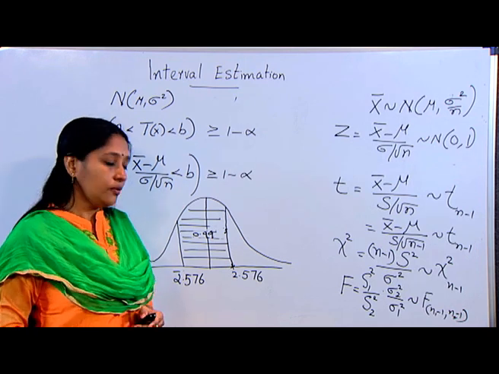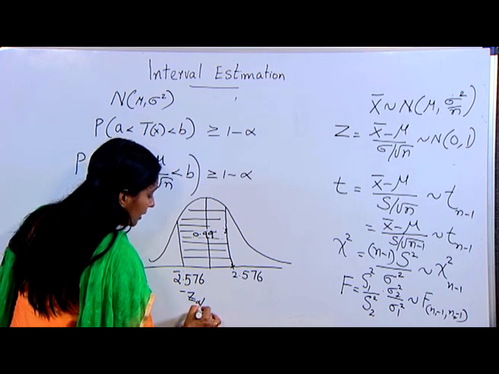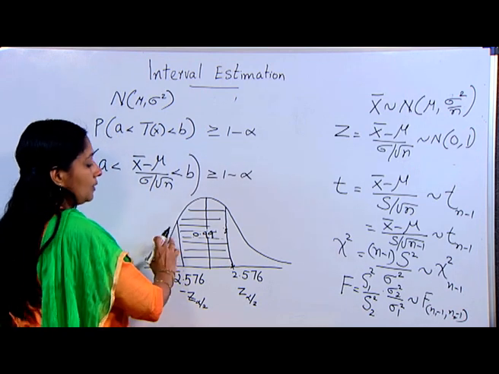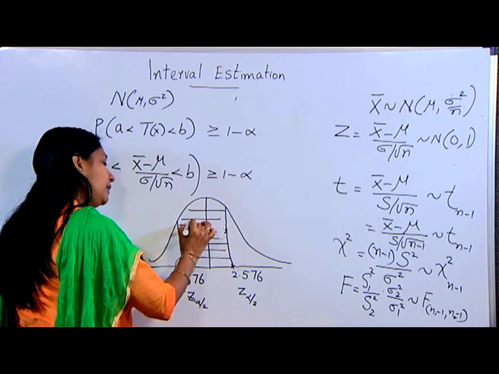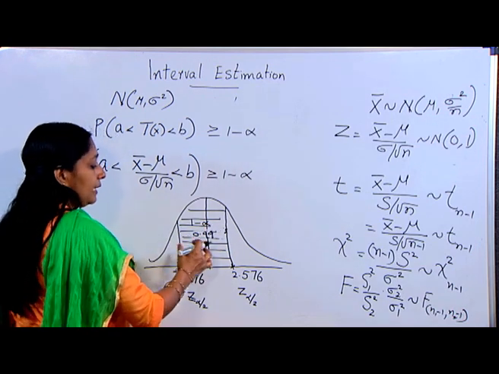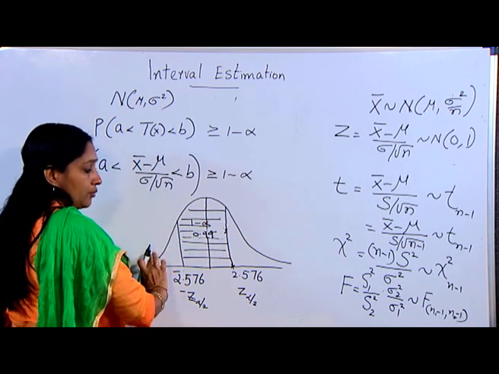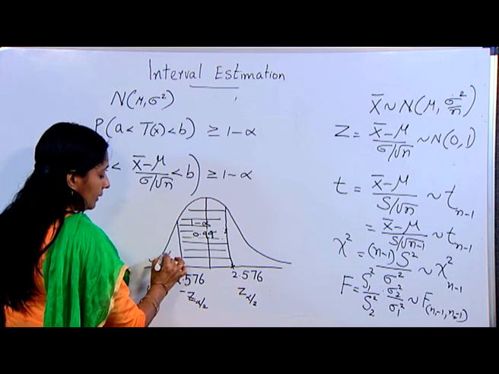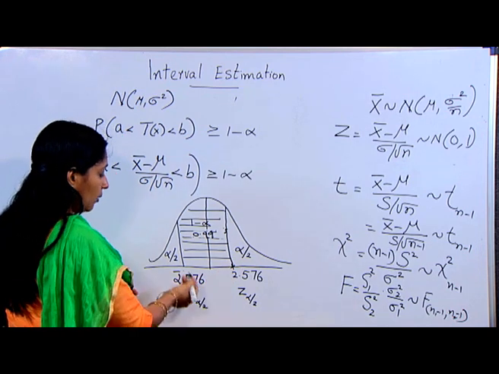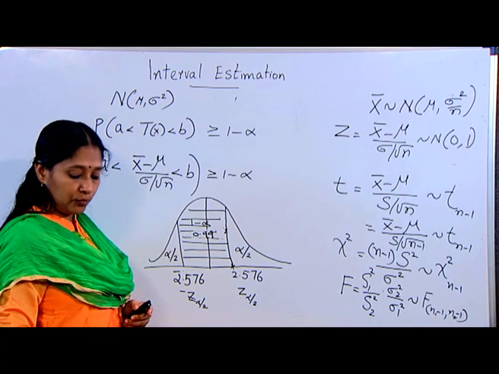Generally we take these 2 points as minus Z alpha by 2 and Z alpha by 2. This is because the total area is 1, and we are assigning the area 1 minus alpha in the middle. The remaining area, alpha, is equally distributed between the left tail and the right tail, so this area is alpha by 2 and this area is also alpha by 2. That is why it is denoted as minus Z alpha by 2 and plus Z alpha by 2.